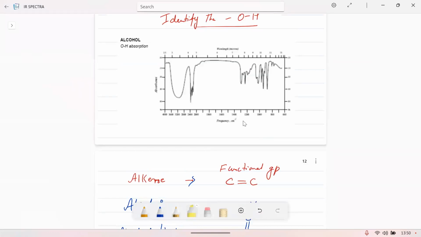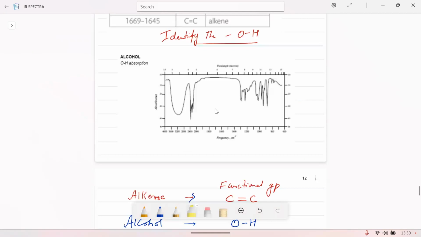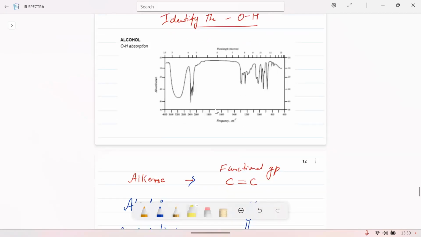Now, if you look at the alcohol peak, if I want to find out what this substance is, you will observe there is a peak somewhere around 3000. The values are not very clear.